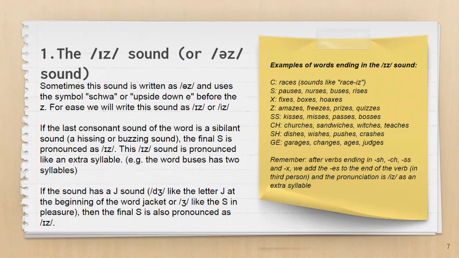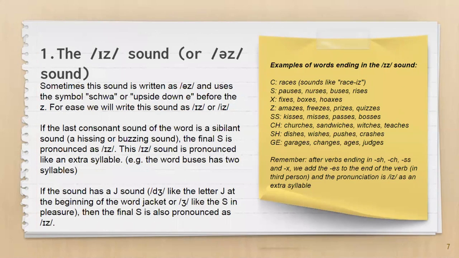Like the word buses has 2 syllables. And then if the sound has a J sound, like the letter J in jacket, or we have the Z sound, like the S in pleasure, the final S is also pronounced IZ.